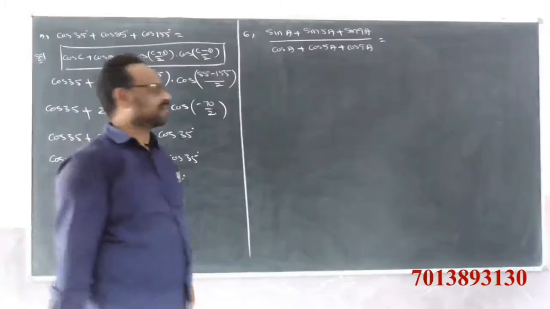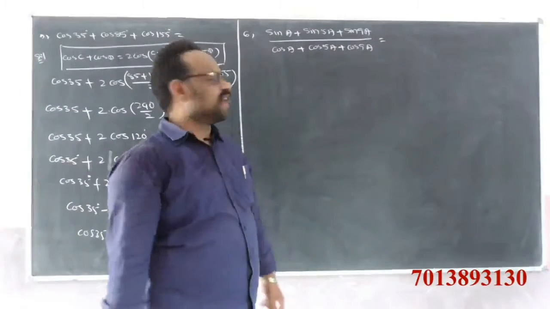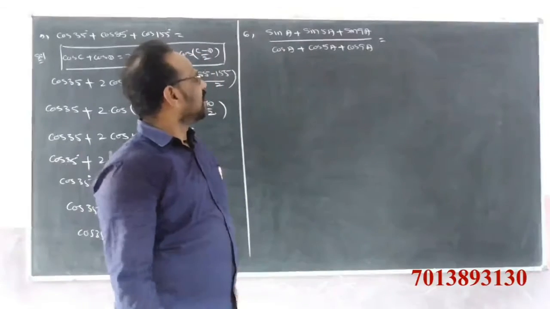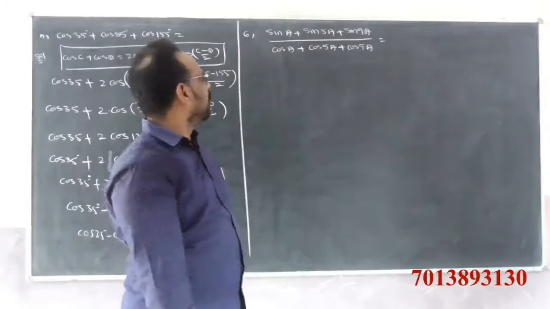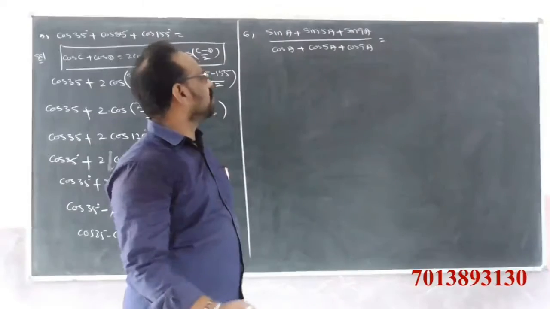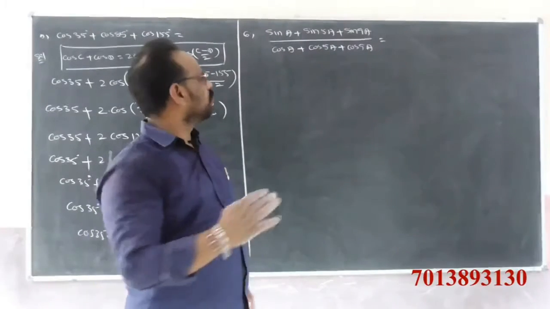Next, (sin A plus sin 5A plus sin 9A) by (cos A plus cos 5A plus cos 9A), value we want.